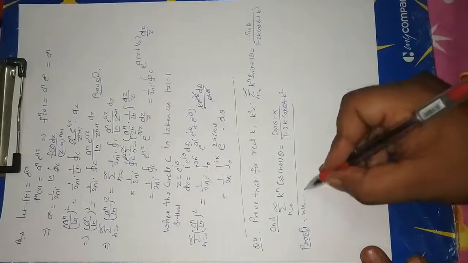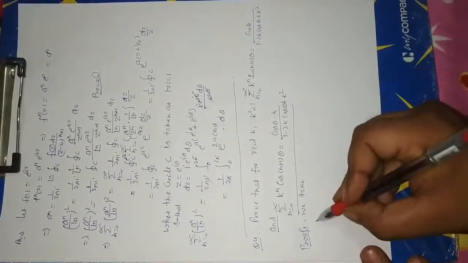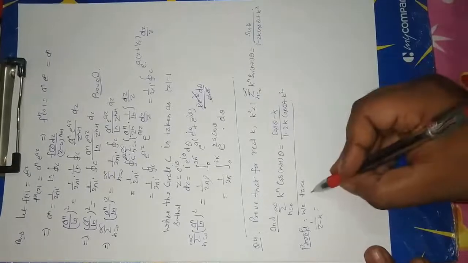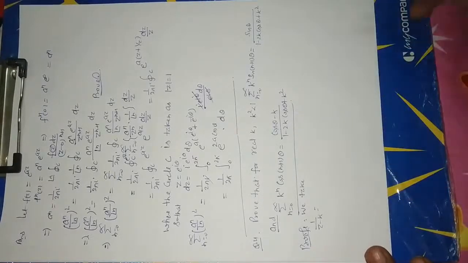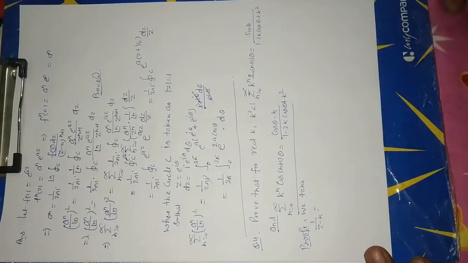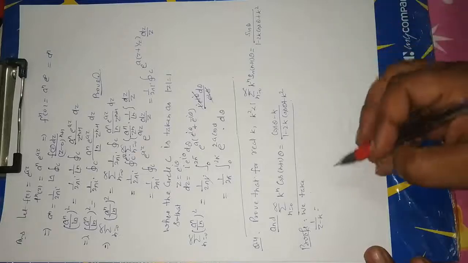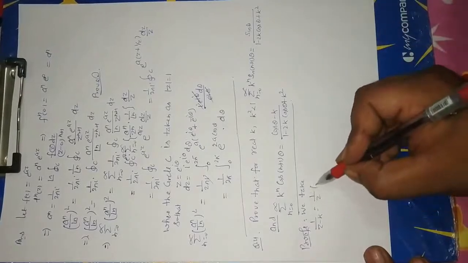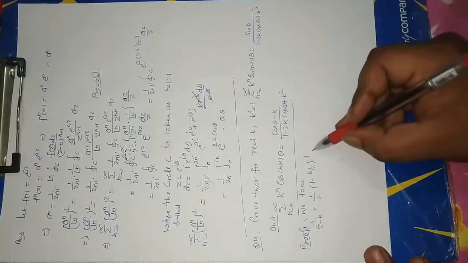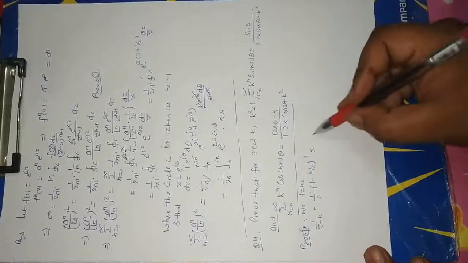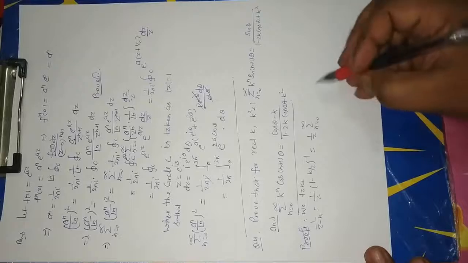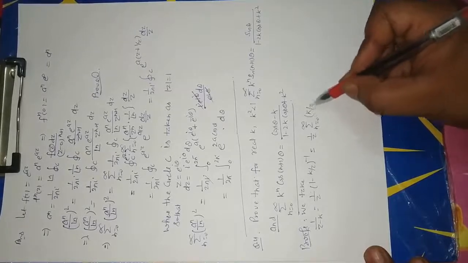We take 1 upon z minus k. Since k is less than 1, therefore z is large with respect to k. Now taking z common, 1 minus k upon z whole power minus 1. This can be written as 1 upon z summation n equal to 0 to infinity (k upon z) whole power n.